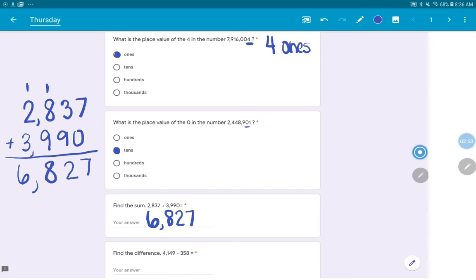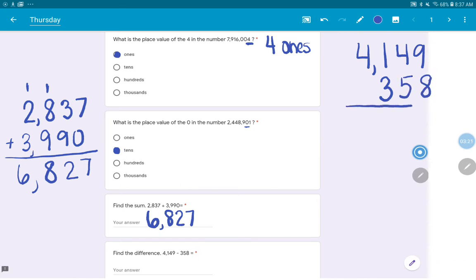All right, next, the question says find the difference. 4,149 minus 358. So since I'm finding the difference, I have to subtract. I'm doing 4,149, and I'm taking away 358.